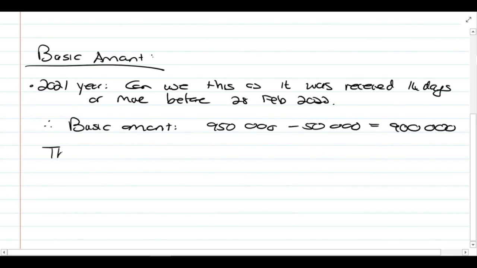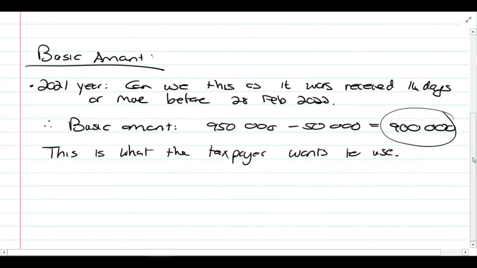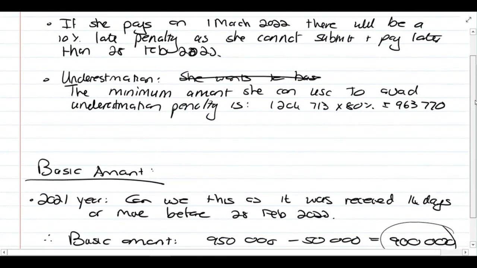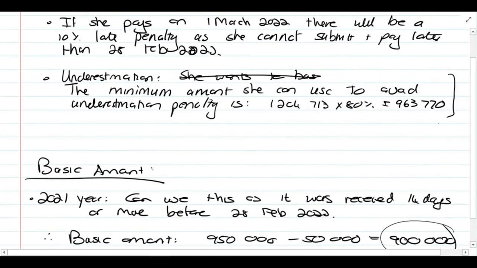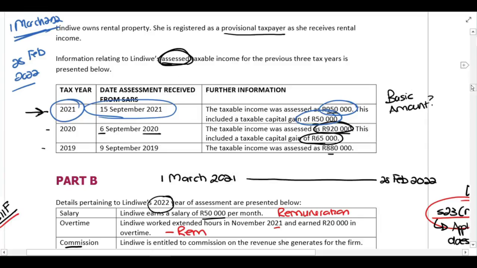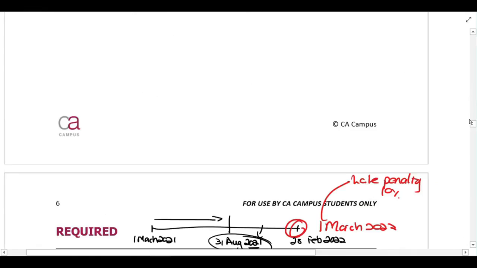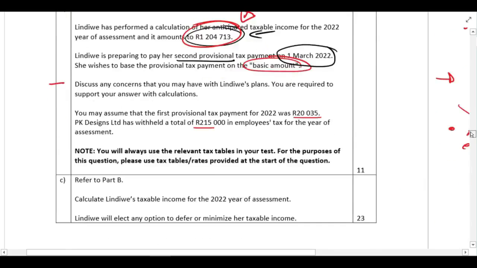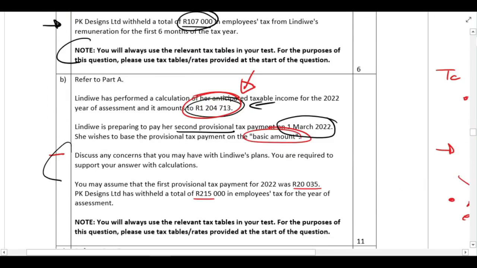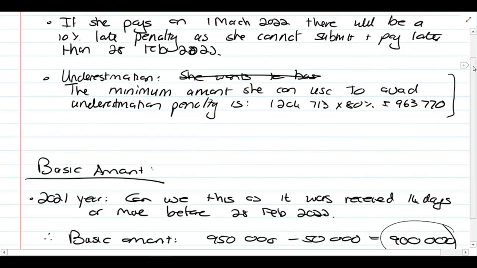This is what the taxpayer wants to use. The minimum amount that you should use to avoid penalties is 963,770. But the question tells us she is going to use the basic amount, and you have to tell them what your concerns are, with supporting calculations.